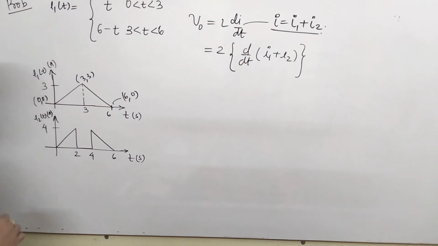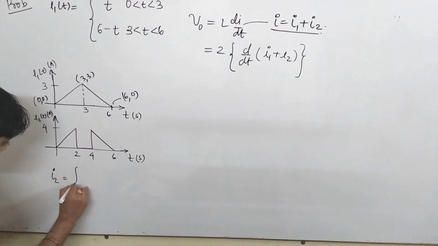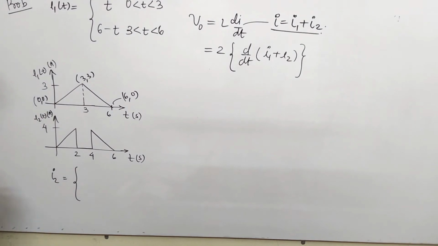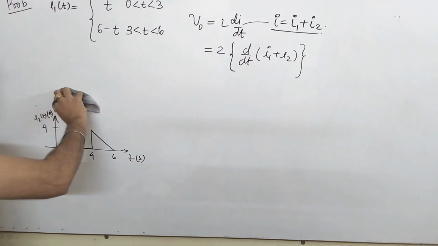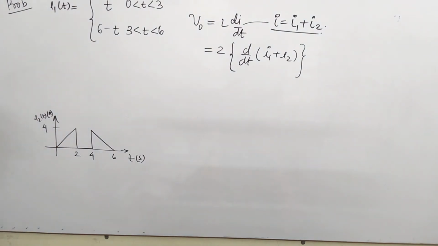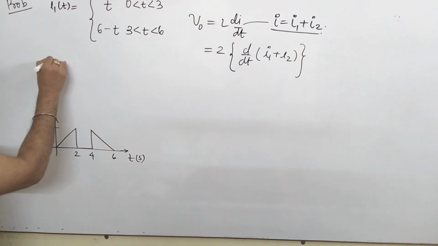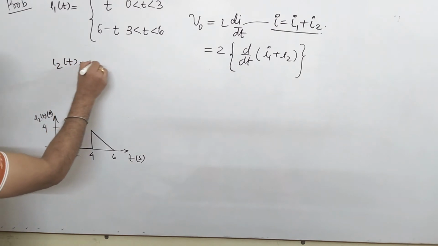Similarly, if I find the value of I2, here I should write the value of I2. So that comes to be how much? Please see. I will just remove this diagram. The value of I2(t) comes to be what?